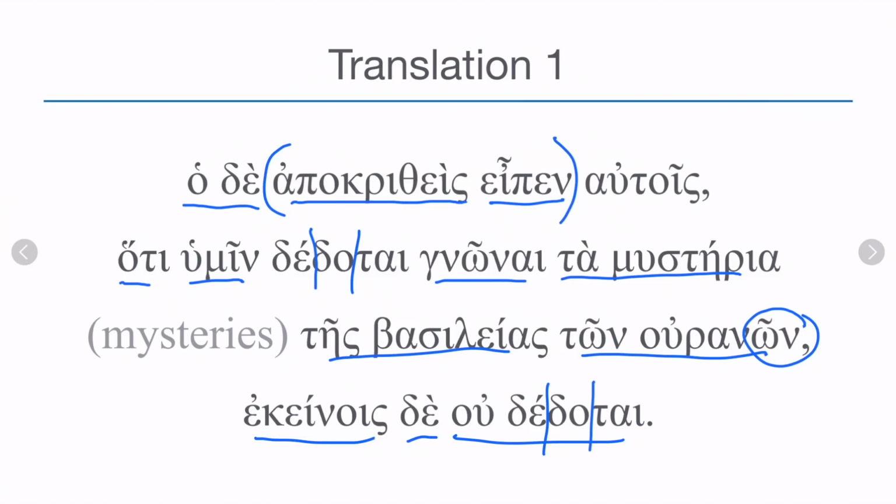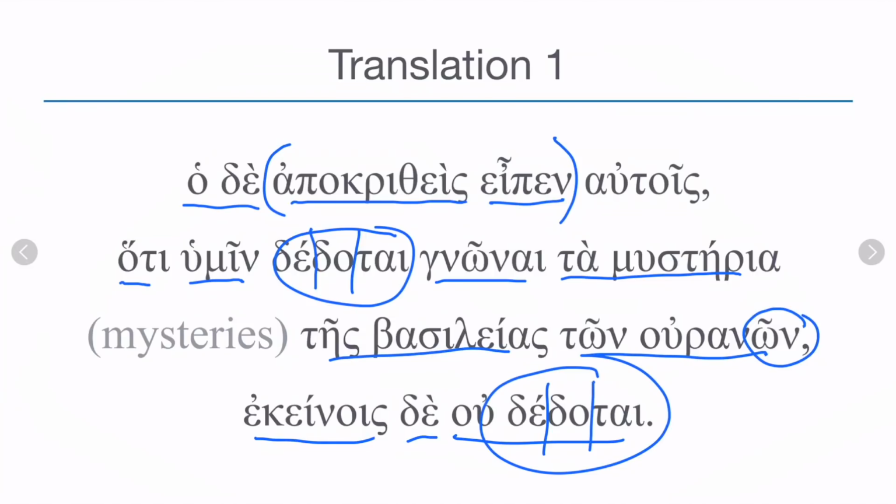In first year, we would, and I always have done this, make sure you use have or has. You would say, to you it has been given to know, but to them it has not been given. But remember, the perfect tense is about the ongoing consequences of a completed action. But I'm beginning to think that in English, these perfects, the emphasis is more on the ongoing consequences and not the fact that it's been a completed action.